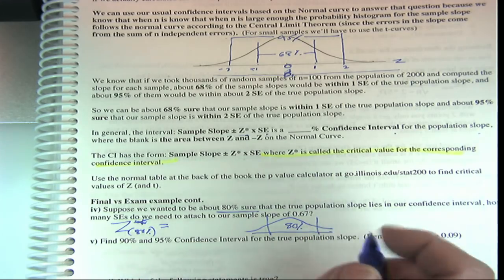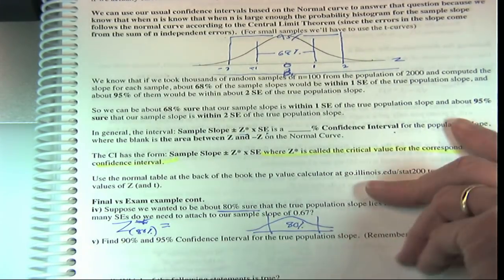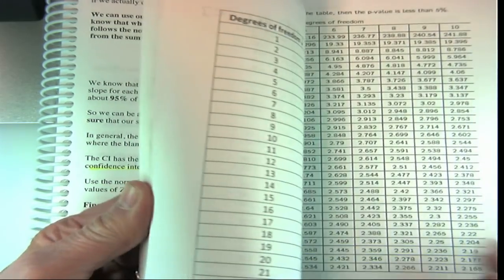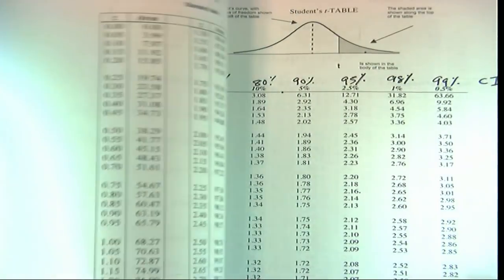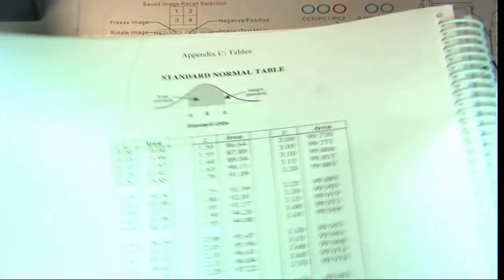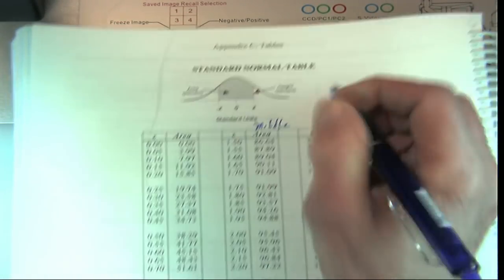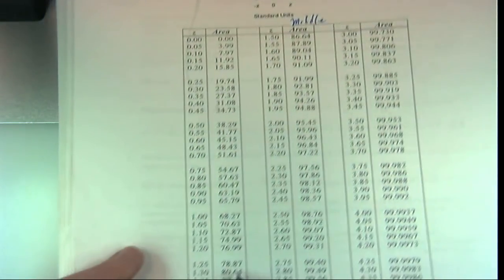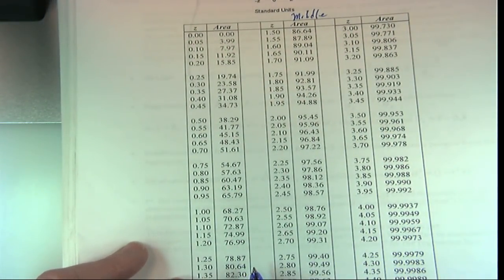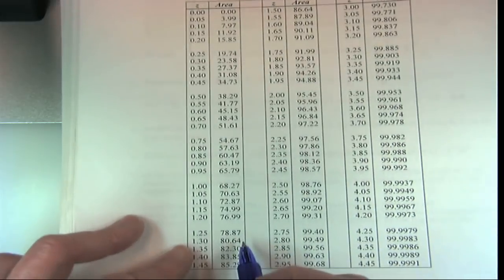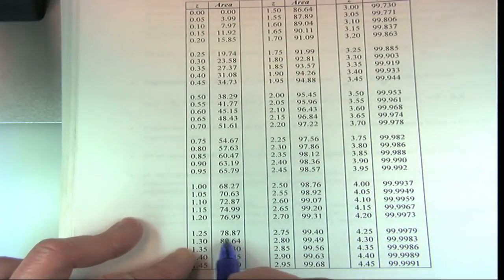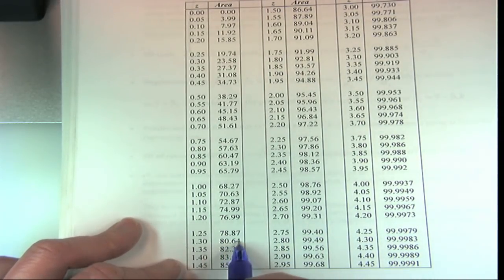So let's do that. We just look on a normal curve. We've done this before. And 80% in the middle, this is our middle area, right? We want 80% in the middle. It looks like 1.3.